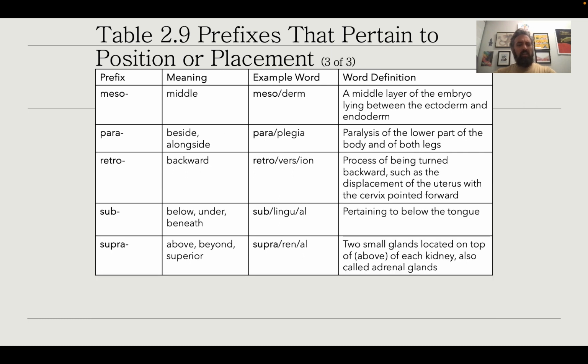Once again, it's kind of a pain that we have to deal with both Greek and Latin. It would make a lot more sense if we didn't, but this is the joy of biology, so yay.